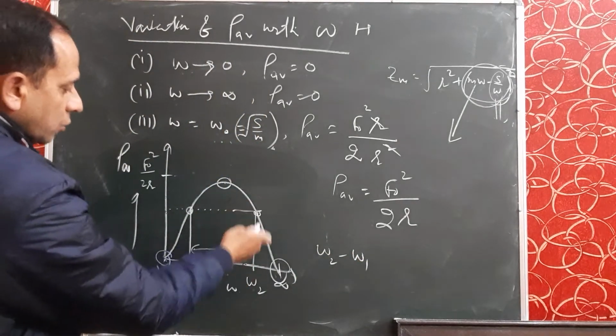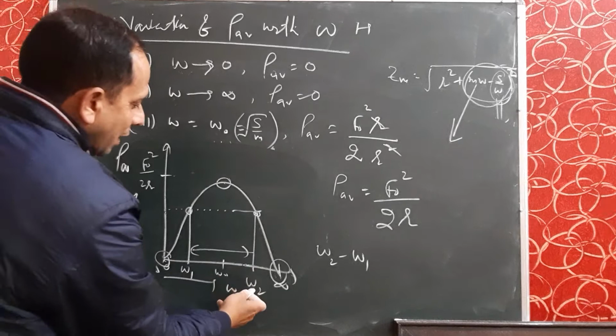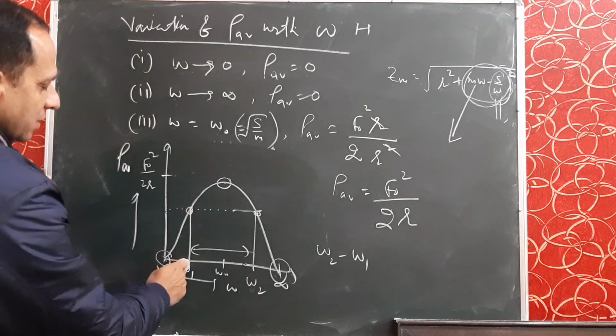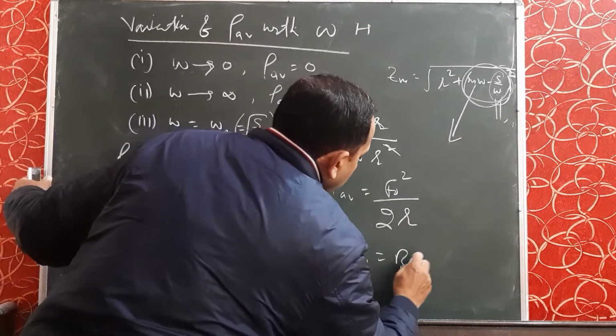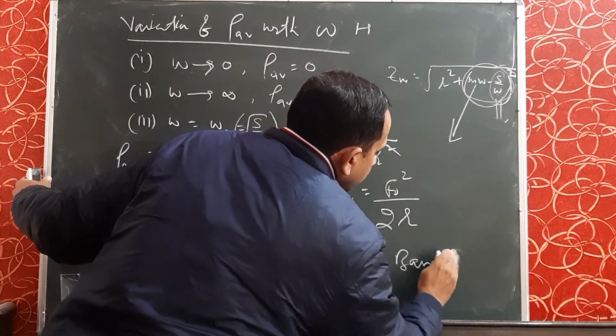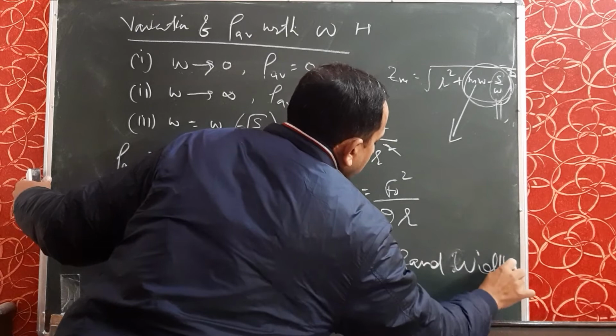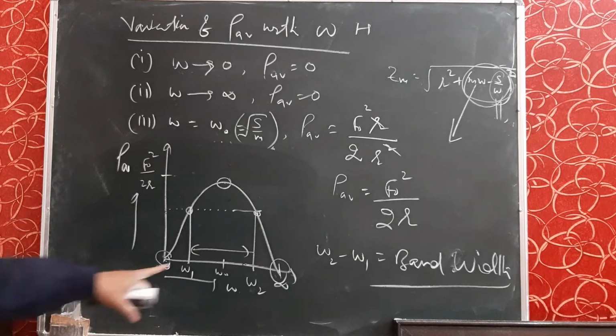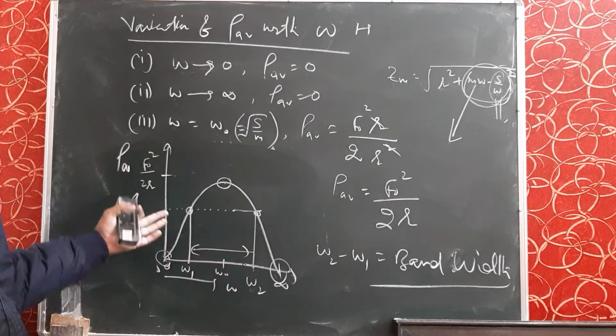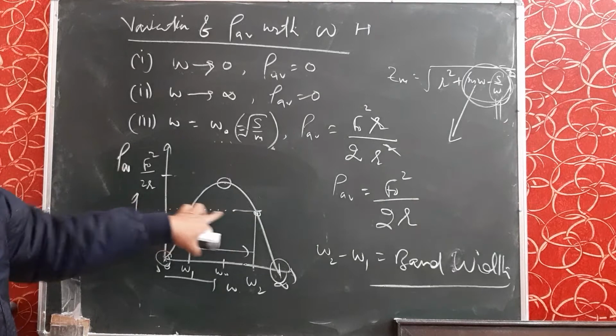Omega 2 has a greater value than omega 1. The difference between the two frequencies is called bandwidth. So what is bandwidth? The difference in two frequencies at a single value of power.